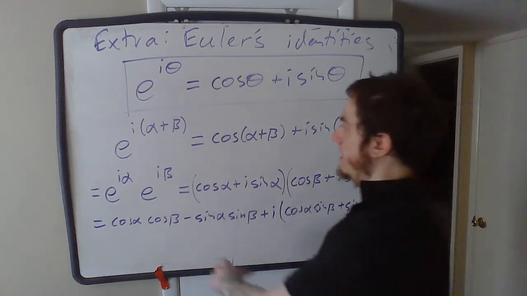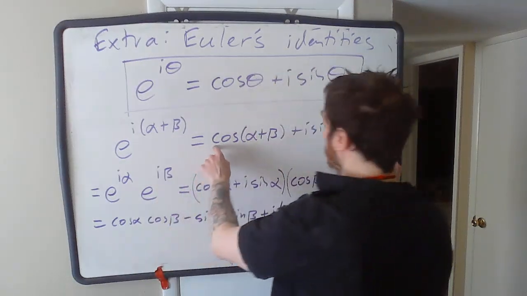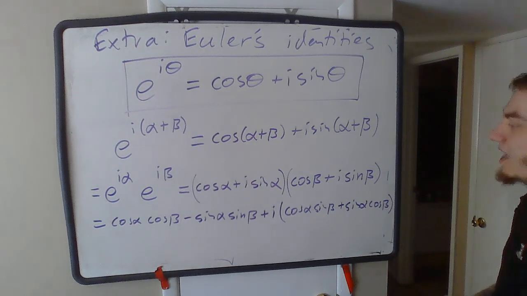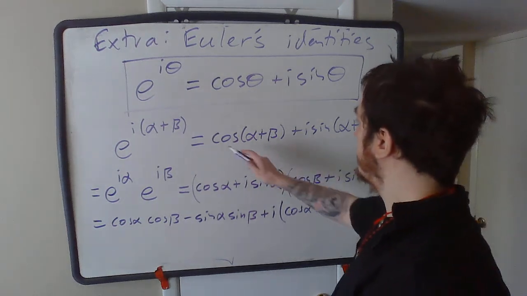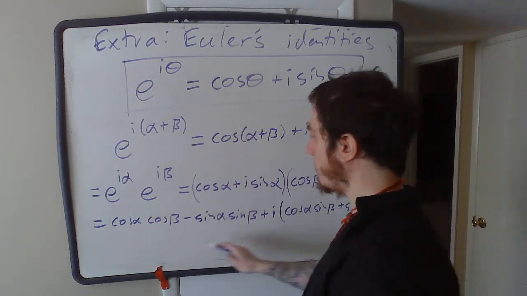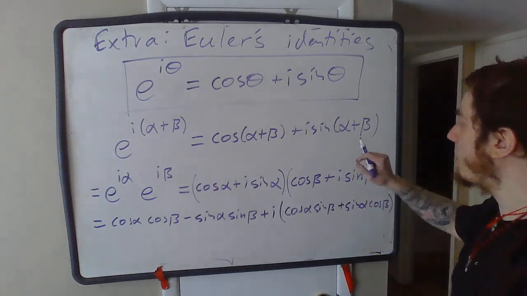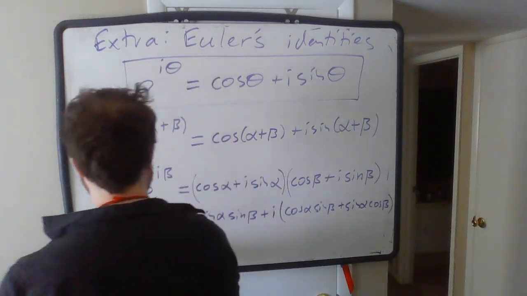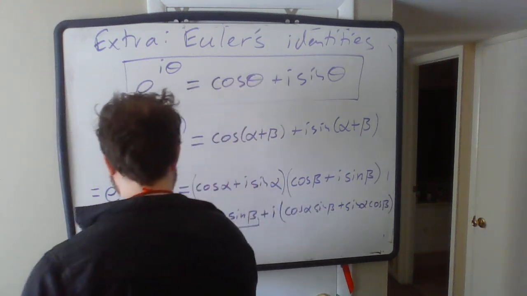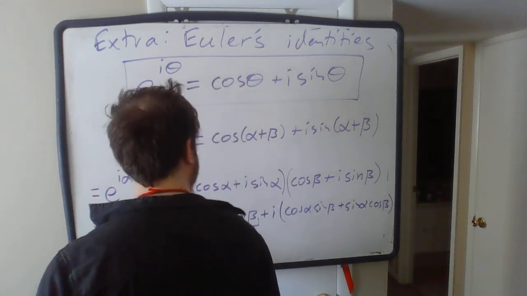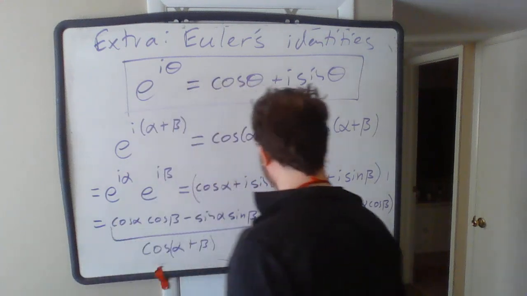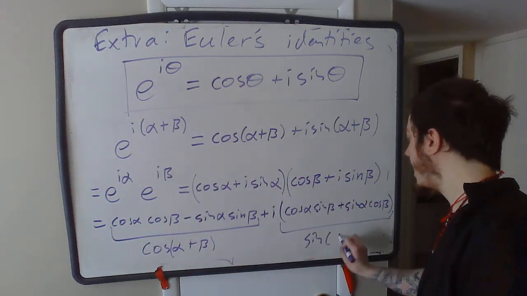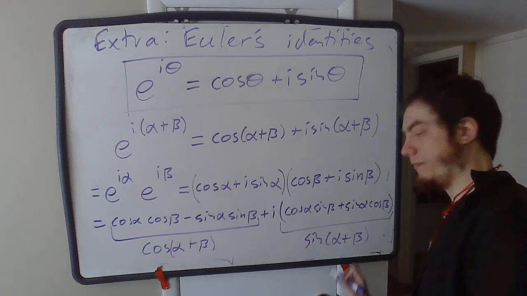But this expression here has to equal this expression here for any values of alpha and beta. The real part has to equal the real part. The imaginary part has to equal the imaginary part. So what we've really established is that this here is the cosine of alpha plus beta, and this over here is the sine of alpha plus beta.